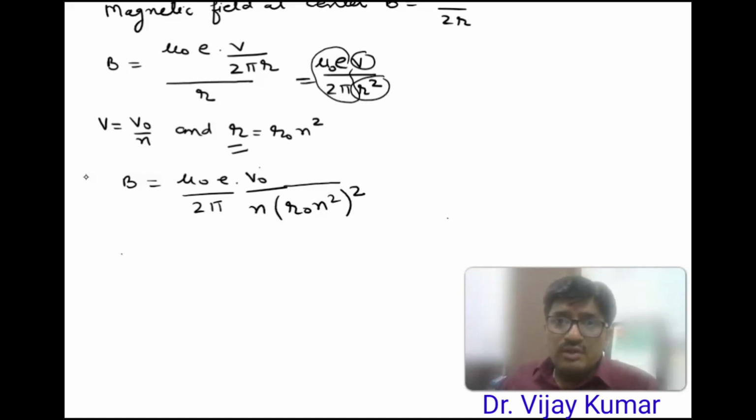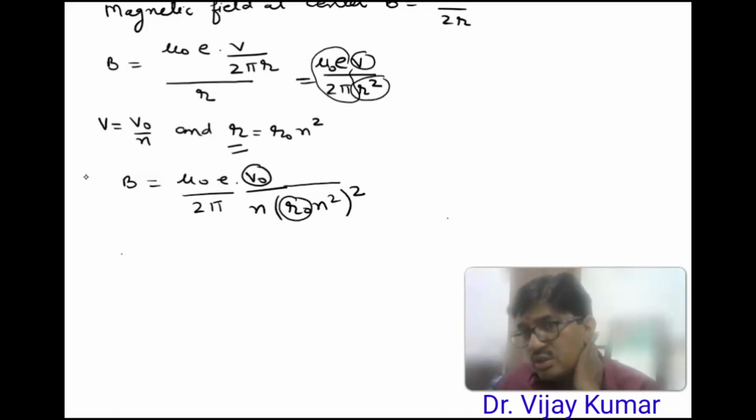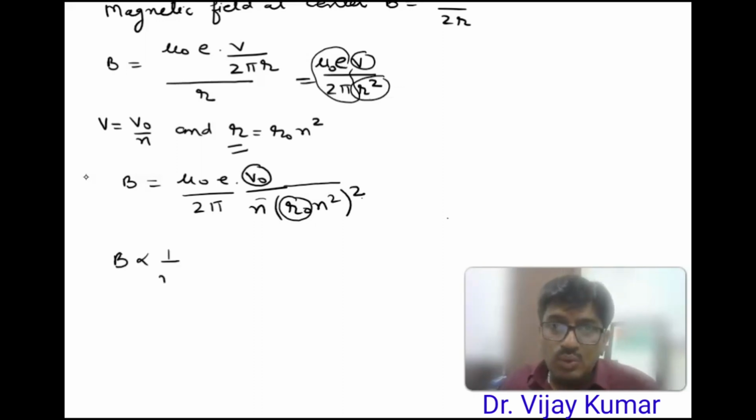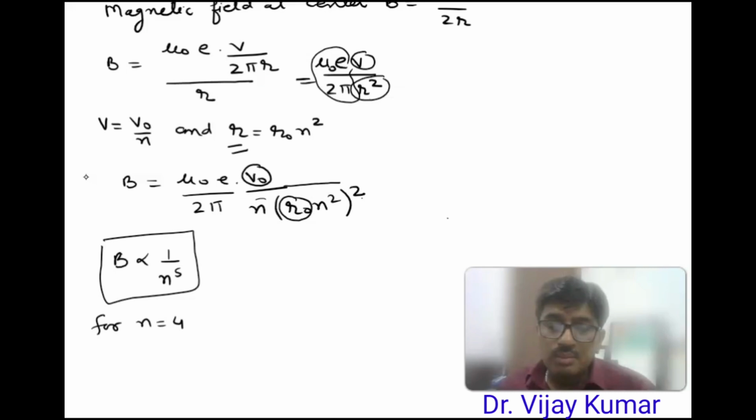Here V naught and R naught are the velocity and radius of the electron in the ground state. We see that there is n square to the power 2, meaning n to the power 4, and this is n, so this is n to the power 5. So B is inversely proportional to n to the power 5. For n equal to 4, B is B naught upon 4 to the power 5.